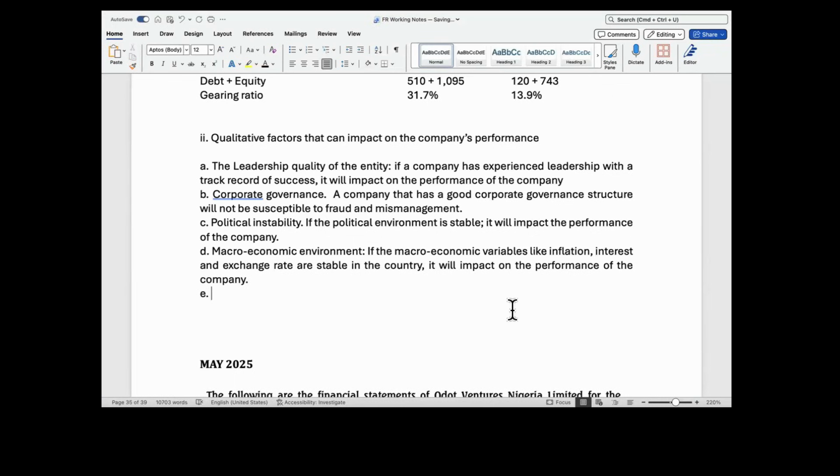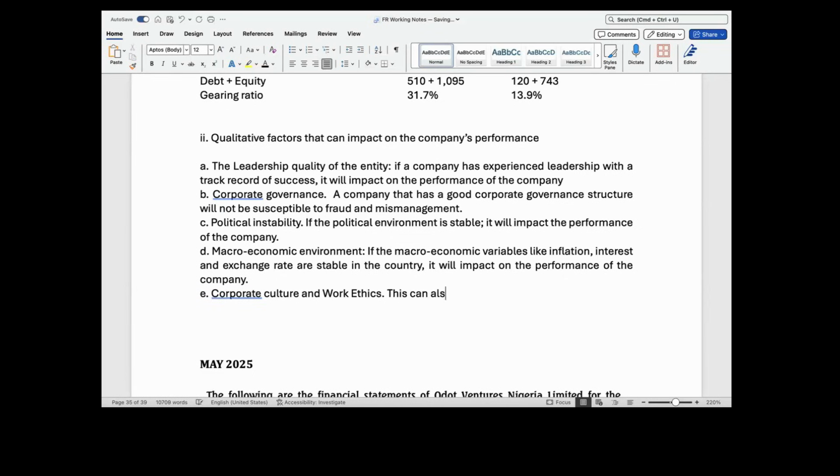Another one is corporate culture and work ethics of the company.